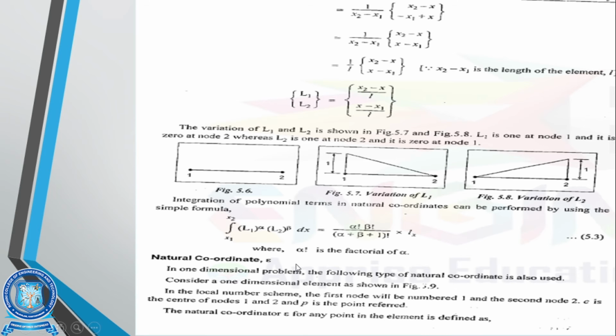Now natural coordinates, epsilon. Normally in one-dimensional problems, the following type of natural coordinate is also used.